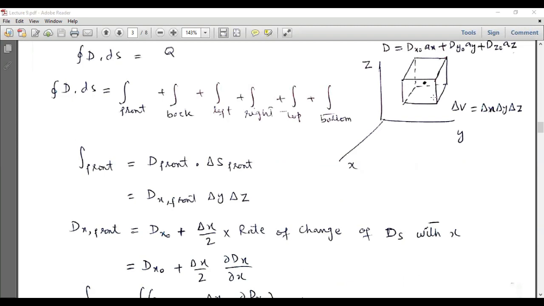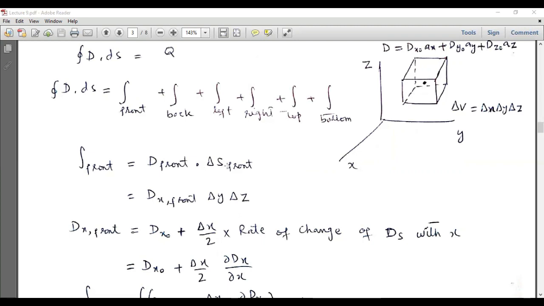So this is the front surface, and the incremental area of this surface is delta y into delta z, and unit vector is ax, right? Because the unit vector is the normal drawn at the surface. So for this surface, the normal will be in the direction of x-axis. So delta S will be equal to delta y delta z into ax.